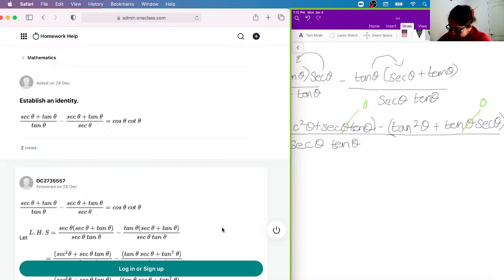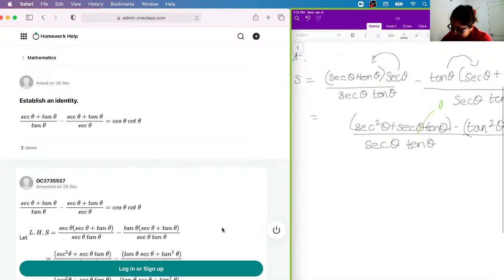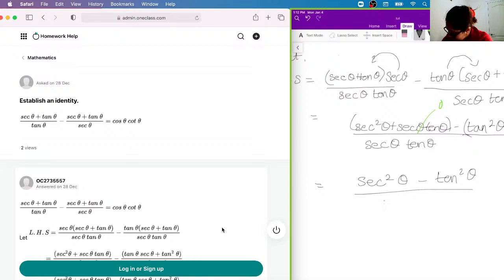It's gone. And so what we're left with, if we distribute the negative, is secant squared theta minus tan squared theta, all over secant theta tan theta.